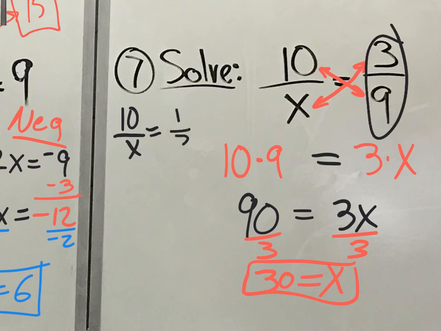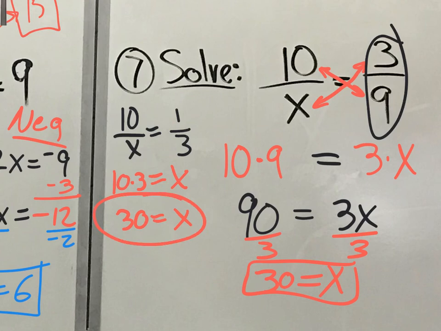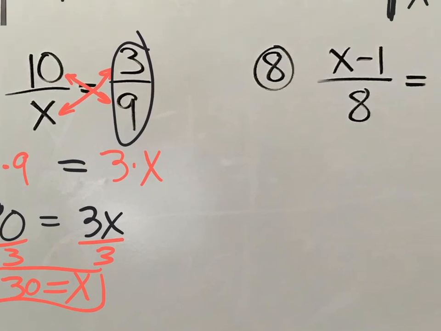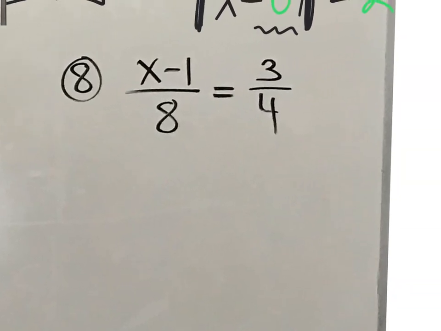You could change it to 1/3, right? If you reduce it, it makes it nicer. So now you could cross multiply and say 10 times 3 equals x. Oh, 30 equals x, because 1 times x is just x. You get the same answer, right? So if you ever have a fraction that you could reduce, you might as well reduce it and make it nicer. Number 8.